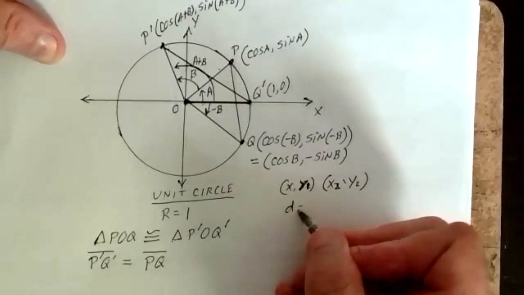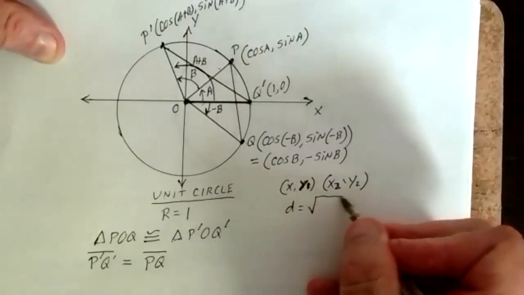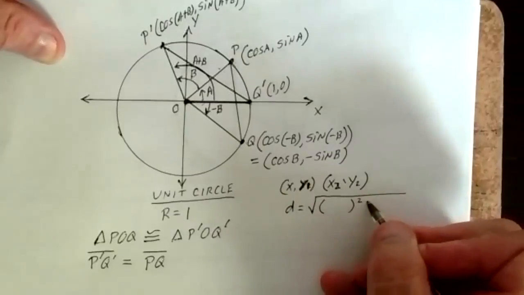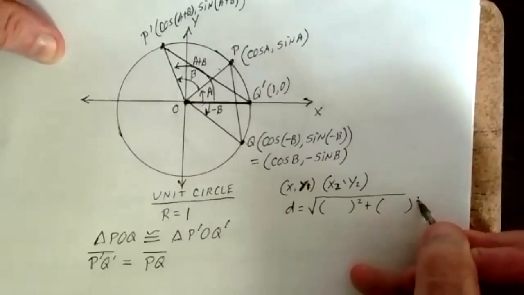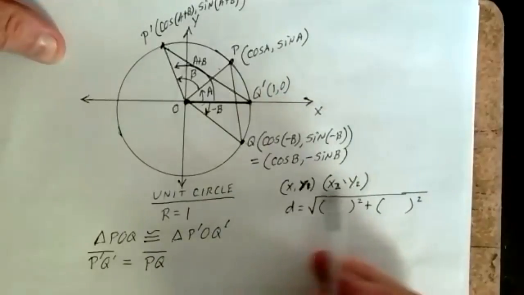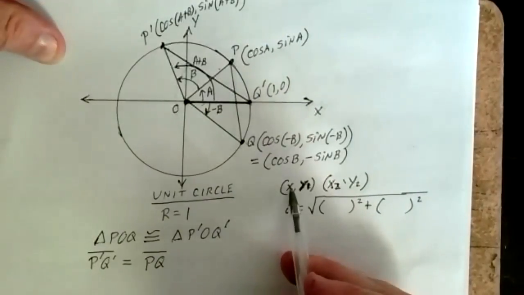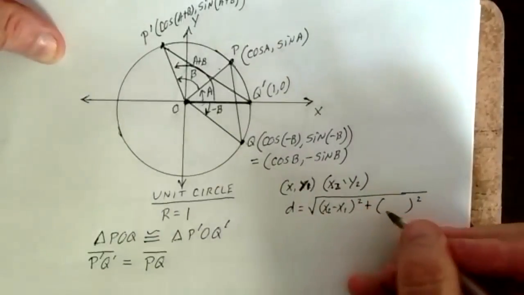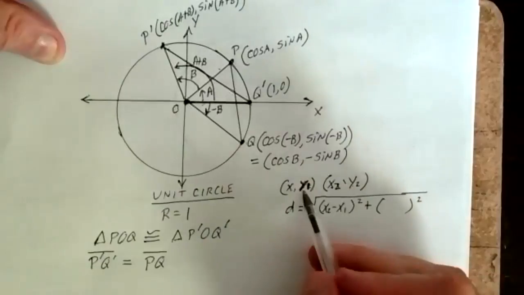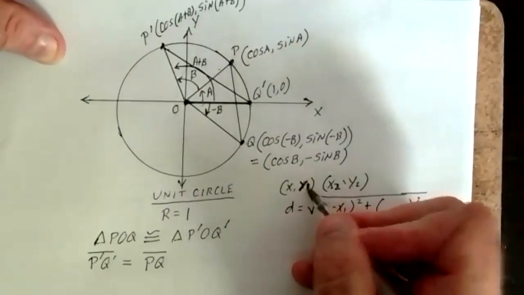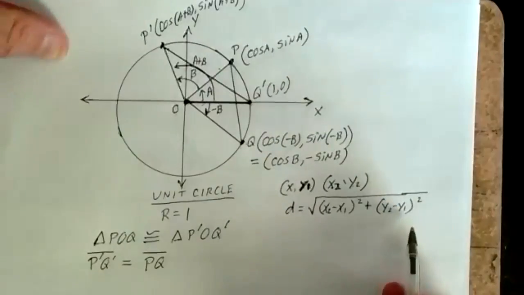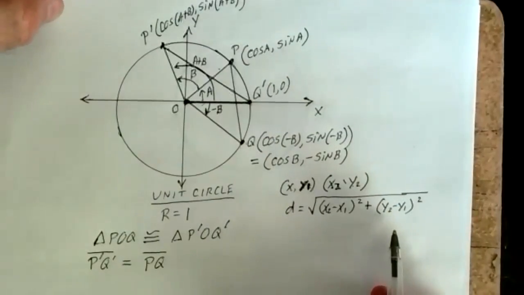And so the distance between these two points would be the square root of the sum of the squares of the differences between the coordinates. That's to say the distance would be the square root of x sub 2 minus x sub 1, quantity squared, plus y sub 2 minus y sub 1, quantity squared. That's the distance formula for any two points in the plane.